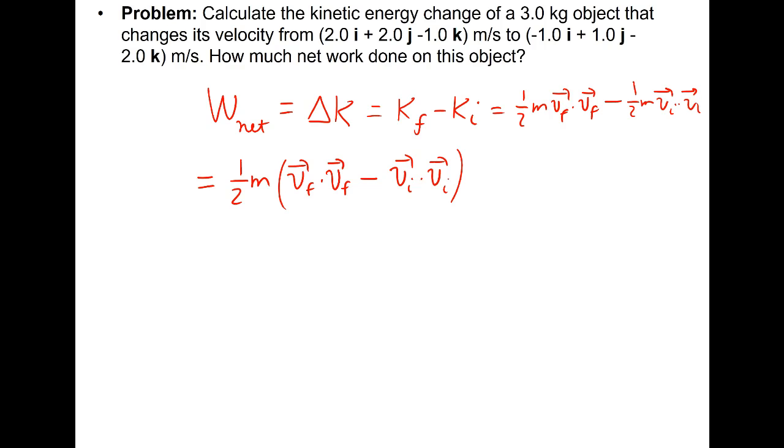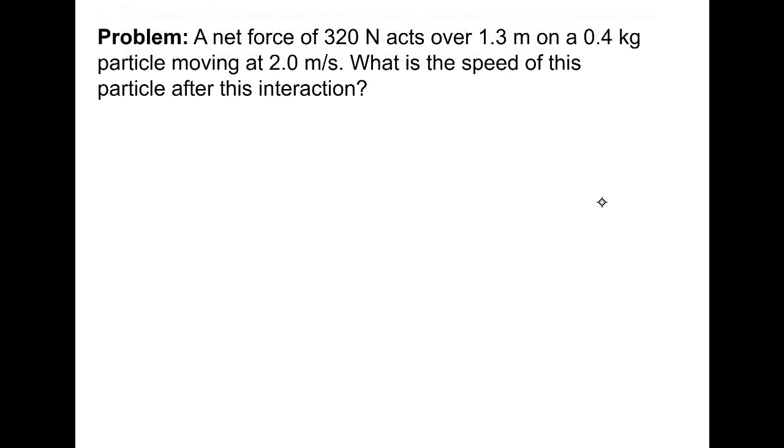Okay? Then we think about this, and if this is v initial, so v initial dot v initial, which is also the magnitude of v initial squared, that looks like it's going to be 2 squared plus 2 squared plus 1 squared, so 4 plus 4 plus 1, that's going to be 3, right? Is that right? Okay, well, we actually want the squared version of that, sorry.